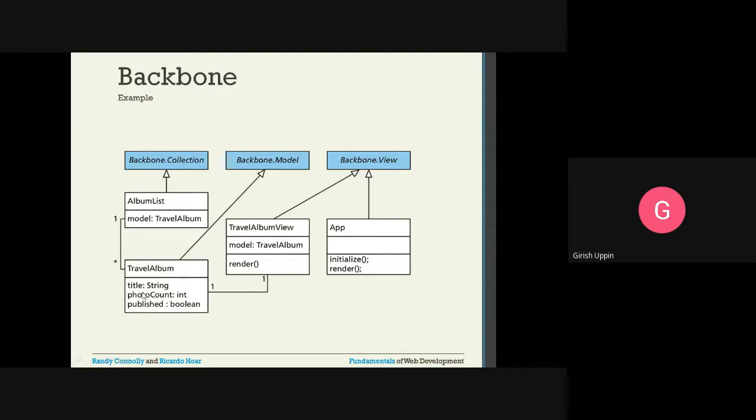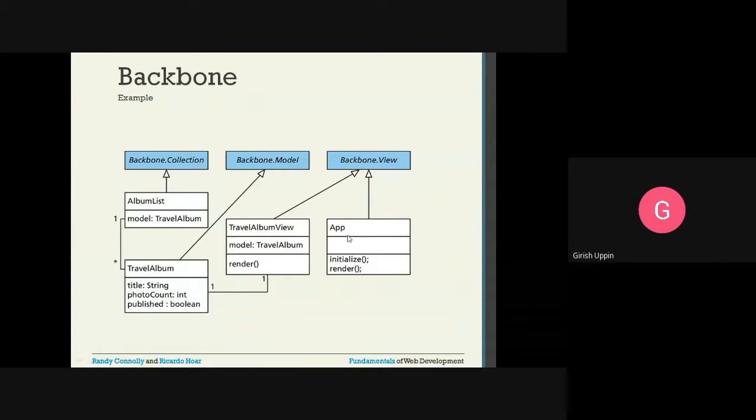That kind of information is there, and this album is associated with a view. We have a TravelAlbumView, which is created by extending Backbone.View, and it has a travel album and a method called render. That render method will define the HTML output.